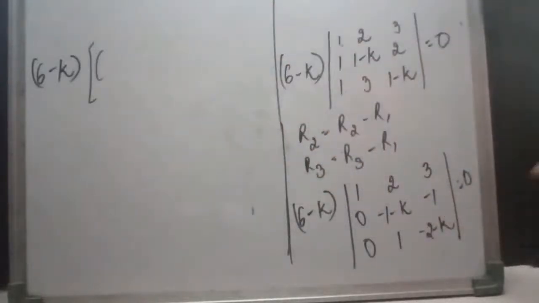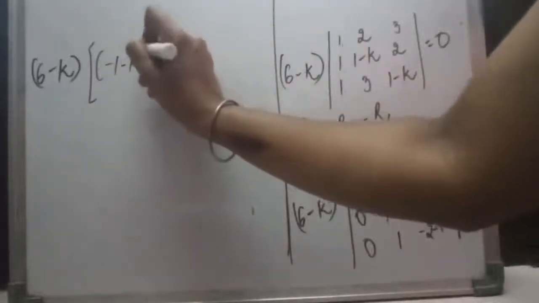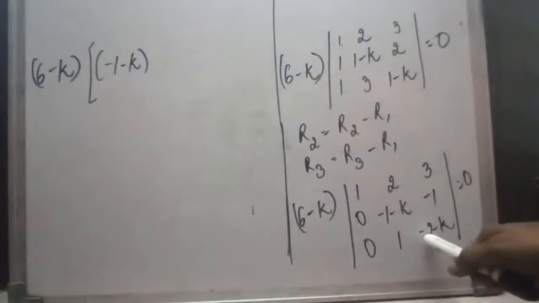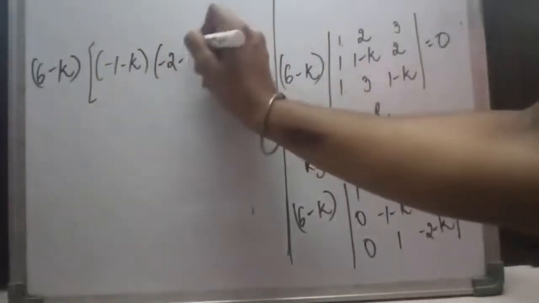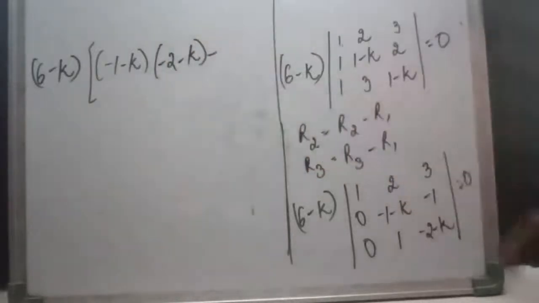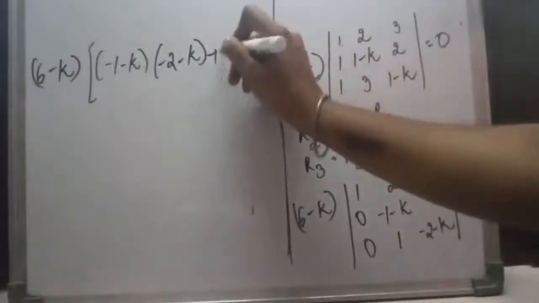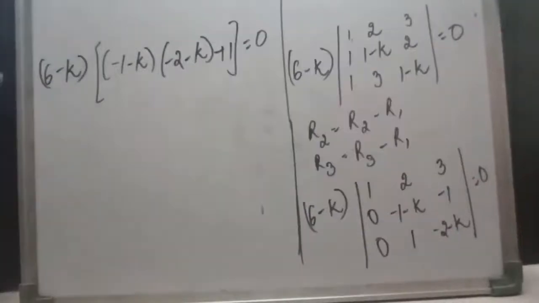It will be minus 1 minus k multiplied with minus 2 minus k, in between we will be having a minus sign, and 1 into 1 will be minus 1, that will be changed into plus 1, and I will keep it equal to 0.